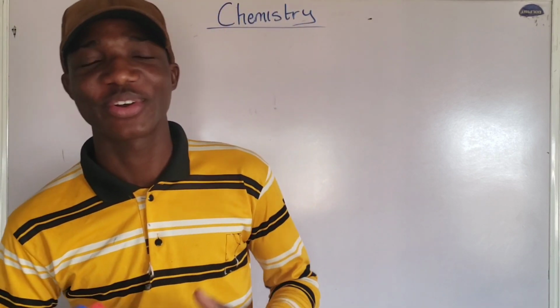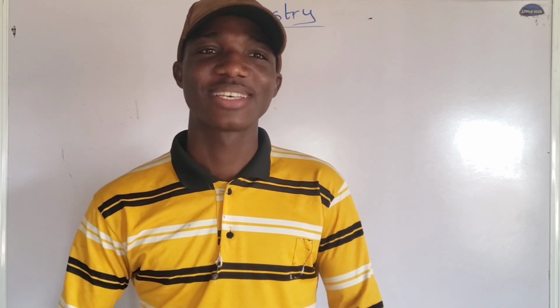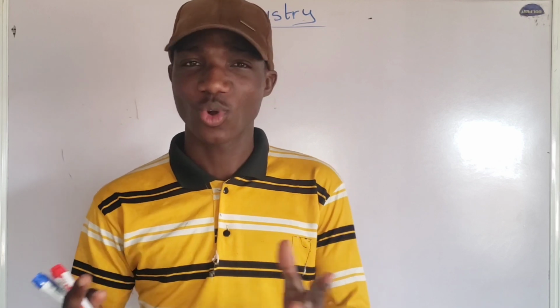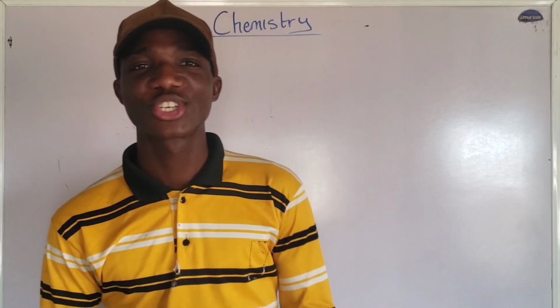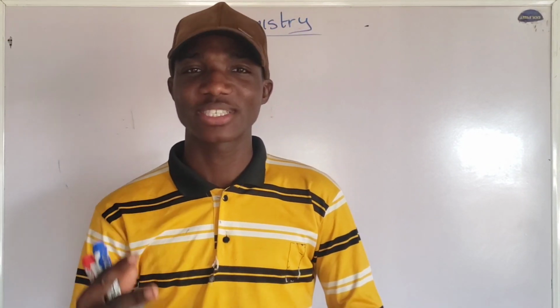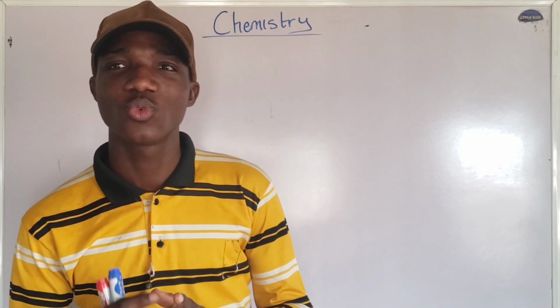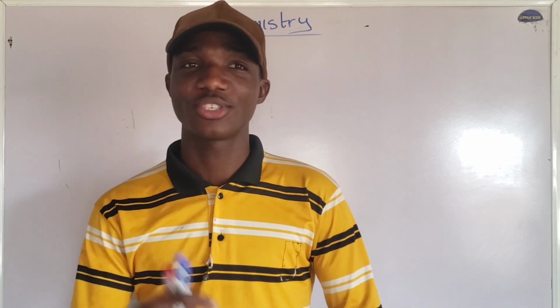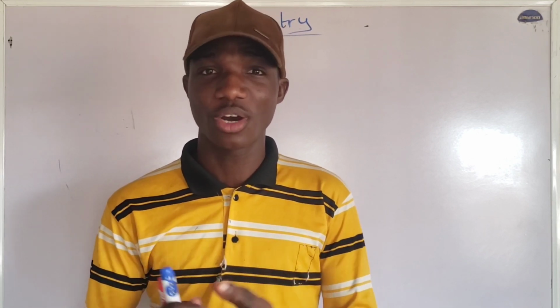But through a series of groundbreaking experiments, such as JJ Thomson's cathode ray tube experiment, Ernest Rutherford's gold foil experiment, James Chadwick's discovery of the neutron, and also Niels Bohr's model of an atom, all these experiments show that the atom is made up of smaller particles. This leads to a significant shift from the notion postulated by John Dalton that the atom can neither be created nor destroyed.